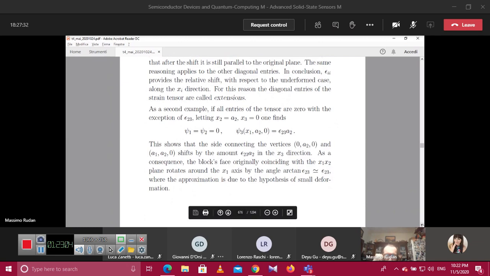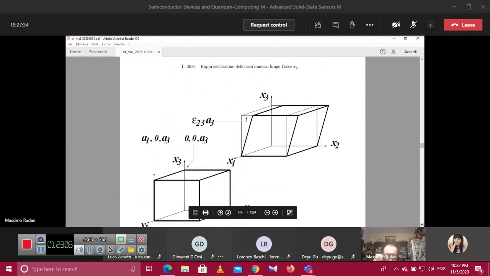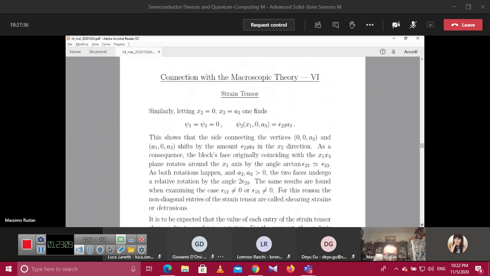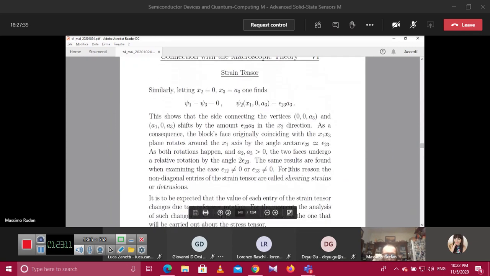There is also a name to this type of force. It is written here. This type of strain is called shearing strain or distortion. So the one that is associated to a relative shift of the opposite faces of the material parallel one to the other.